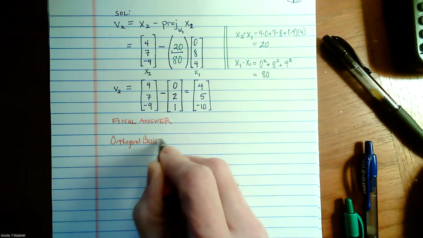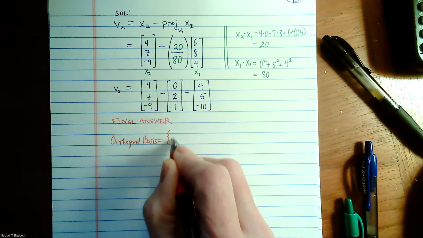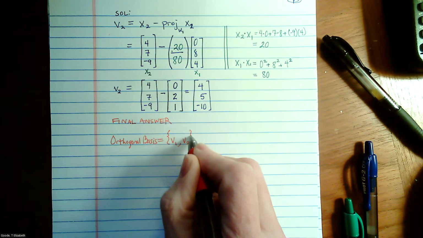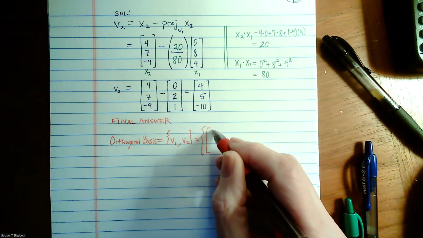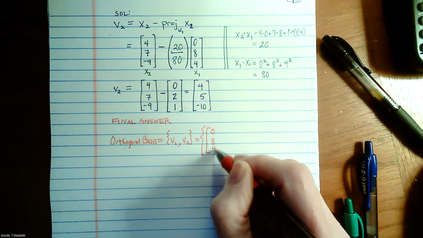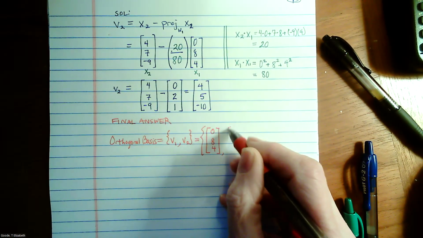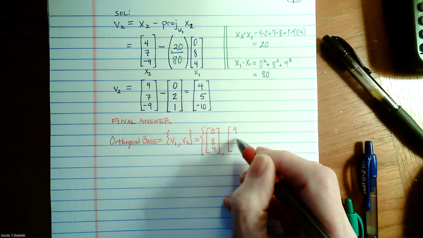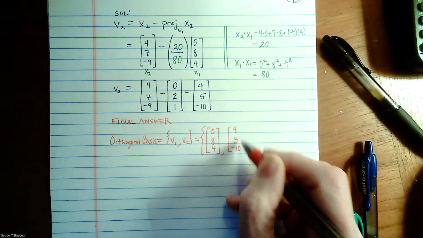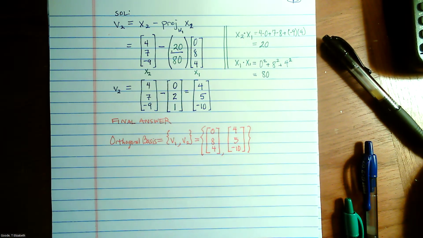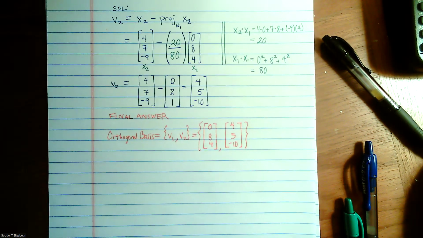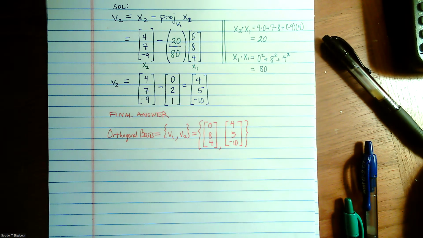It's going to be the set v1, v2, but v1 was x1, and v2 we just built. And it's orthogonal because it's the z. Does that make sense? Yeah.